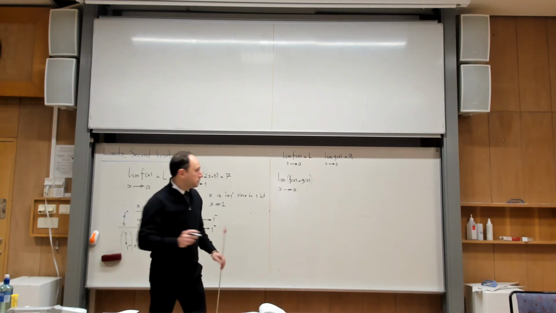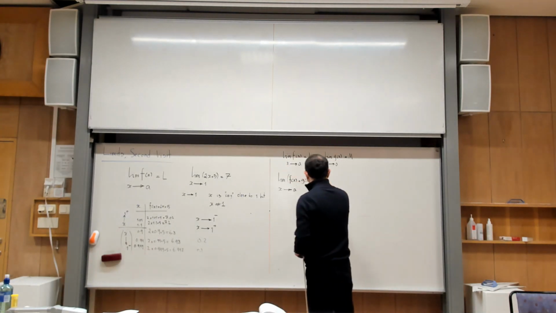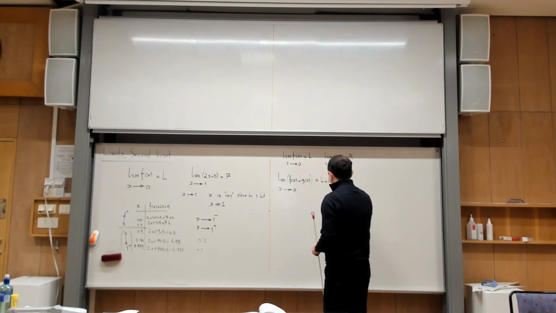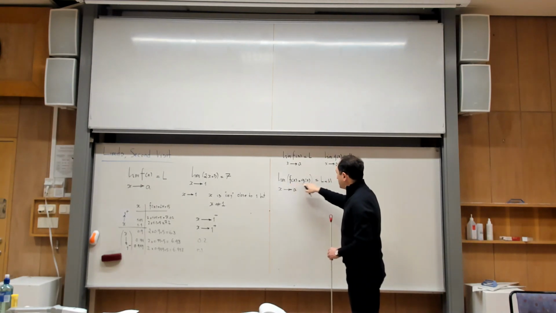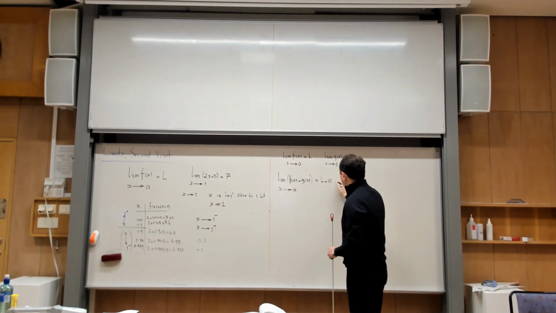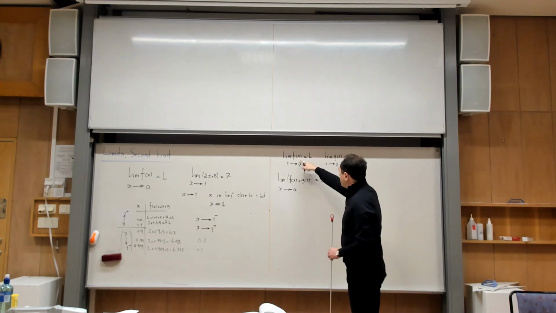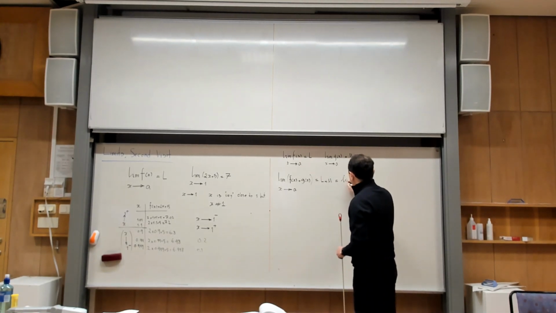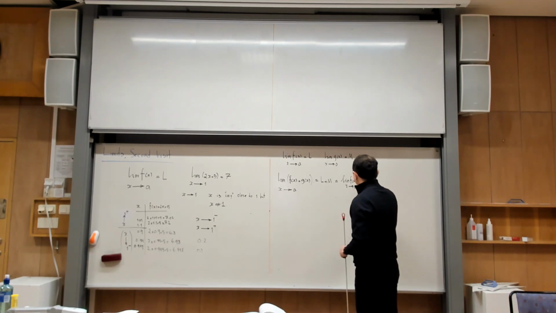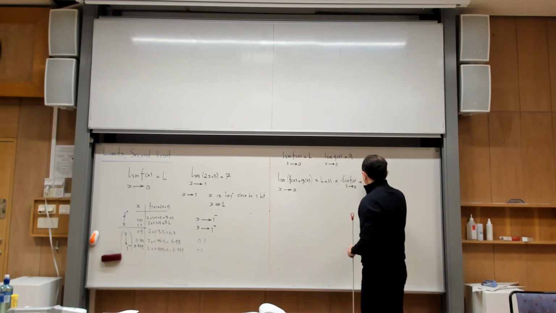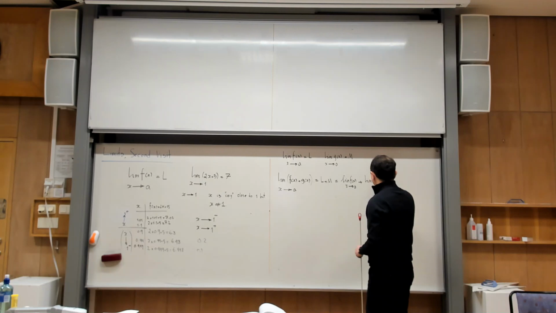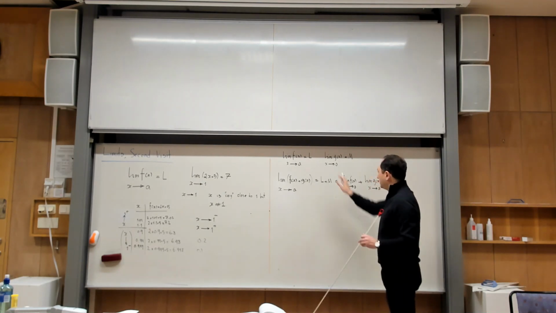So in other words, the limit of the sum of two functions is equal to L, which is the limit of the first one, plus m, which is the limit of the second one. Yes? So you don't need to look at the middle one.